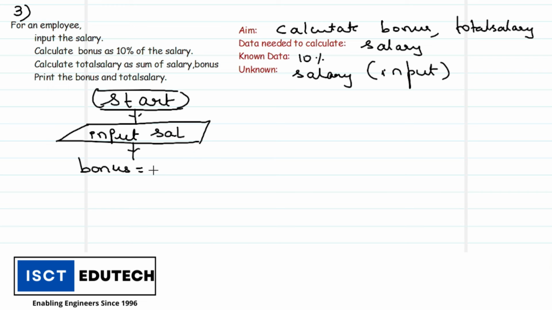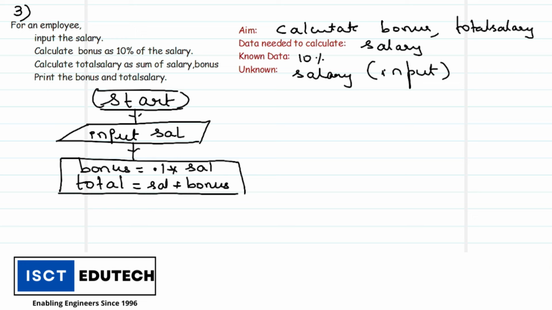I will use 0.1 into sal. Total salary next is equal to the salary plus bonus. Sal plus bonus. Print the calculated values. Print bonus, total. And stop.